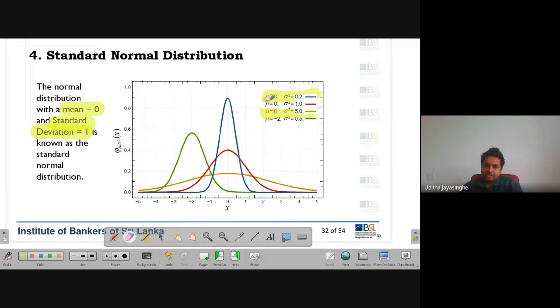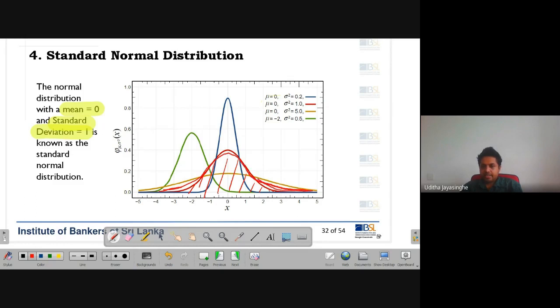Why? Because either, or all three, if I take it, they are having some sort of leptokurtic mesokurtic problems, or they are not having the mu of 0. Compared to the standard normal distribution that you are seeing highlighted in this red color, all these other distributions are not standard normal distributions.